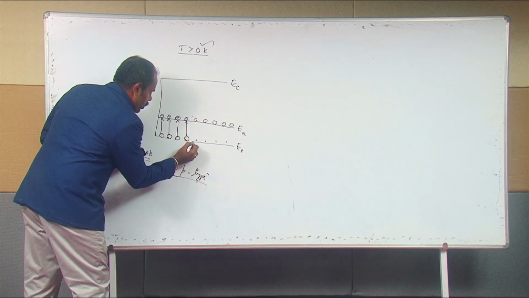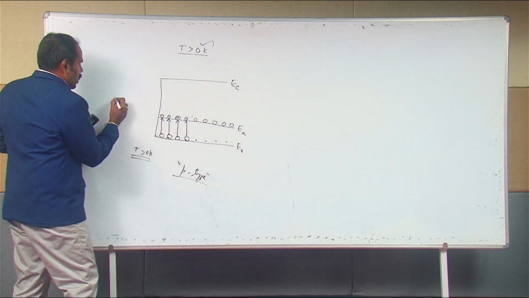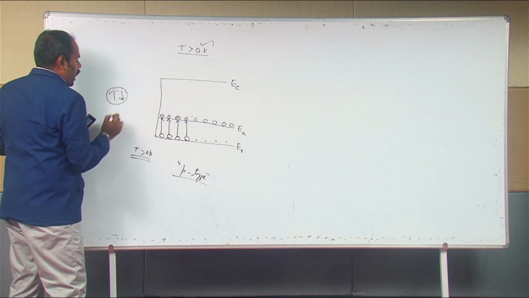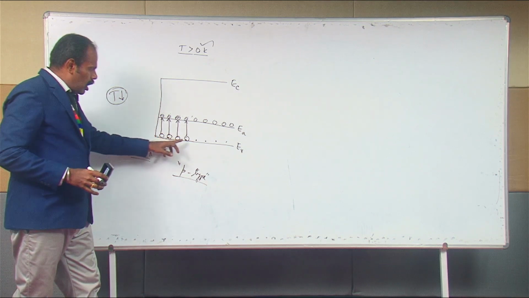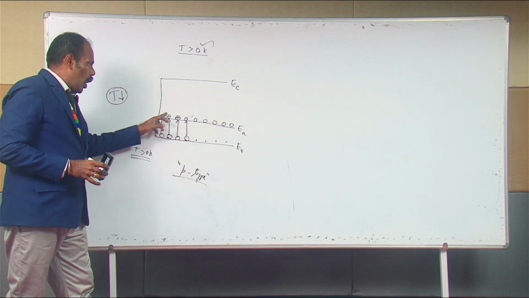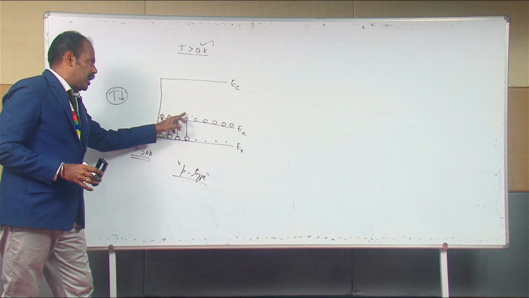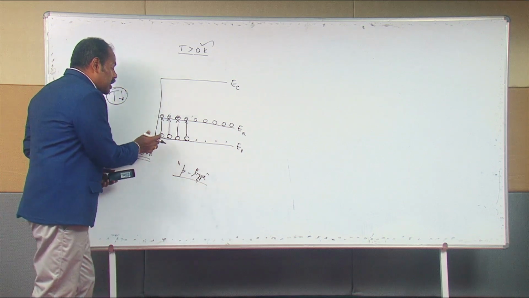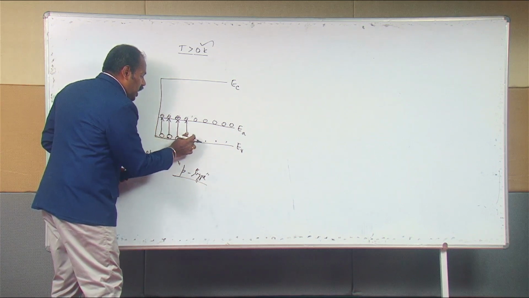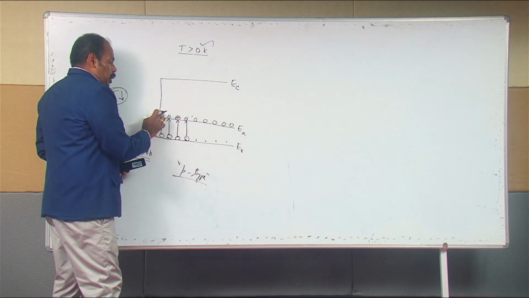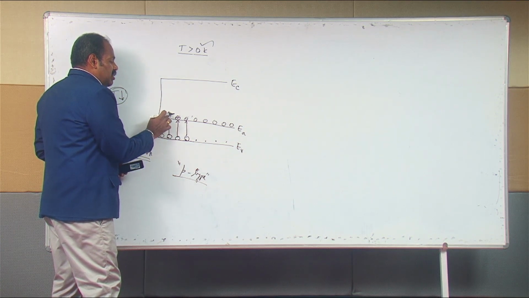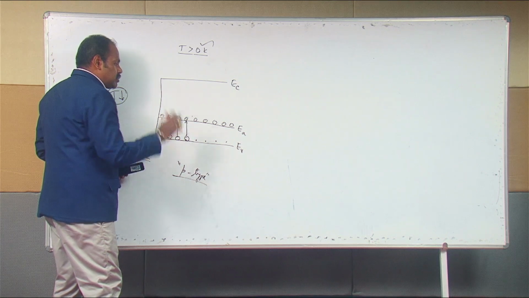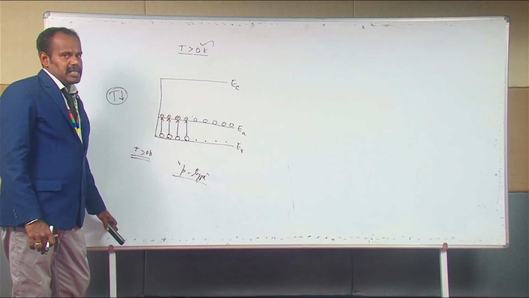So at the lower temperature, electrons from the valence band will move and occupy the acceptor sites at the acceptor energy level, and thereby you have the creation of holes in the valence band and correspondingly negatively ionized acceptor atoms at the acceptor energy level.